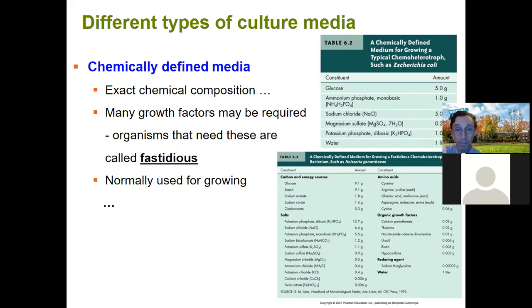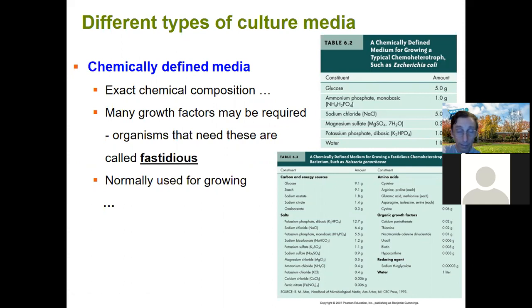And then we add potassium phosphate, magnesium sulfate, sodium chloride, ammonium phosphate, and that's to add nitrogen as well as phosphate. And then glucose. So glucose is both the carbon source and the energy source. And that's it. We know everything that's in that media. And that's the chemically defined media. Any questions about that?